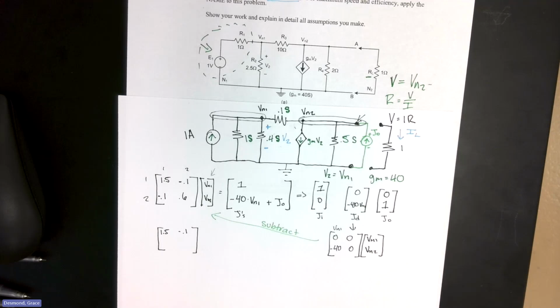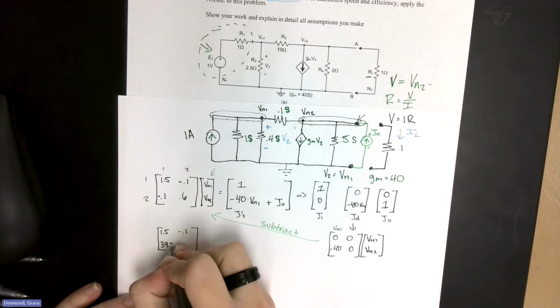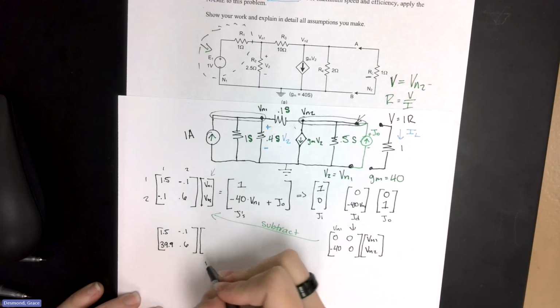Okay, so that's why we have the Vn1 next to the negative 40. So V2 is equal to Vn1, which is tricky. But it needs to say n. So if you see just V2, you're going to have to rewrite it in terms of Vn. So like you said, 39.9 and 0.6. Weird choice.